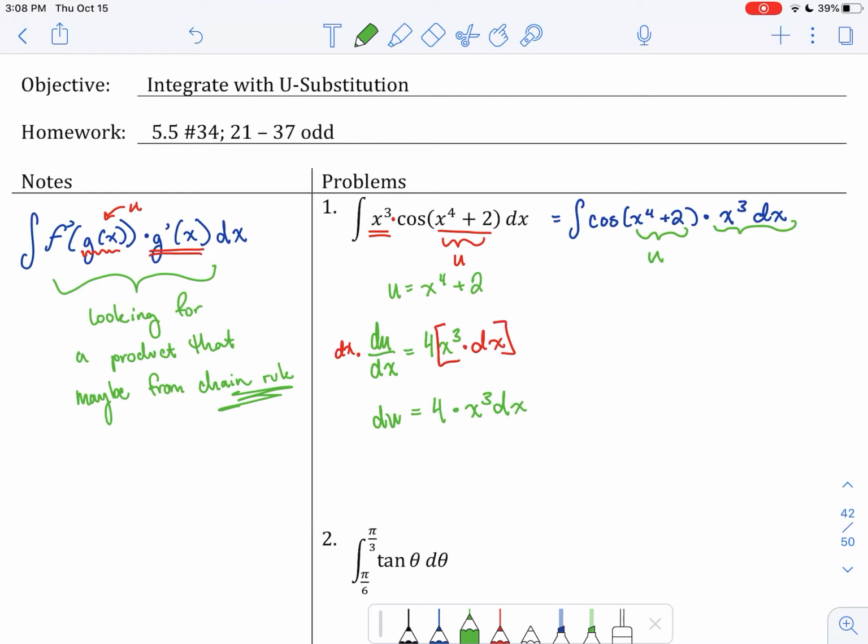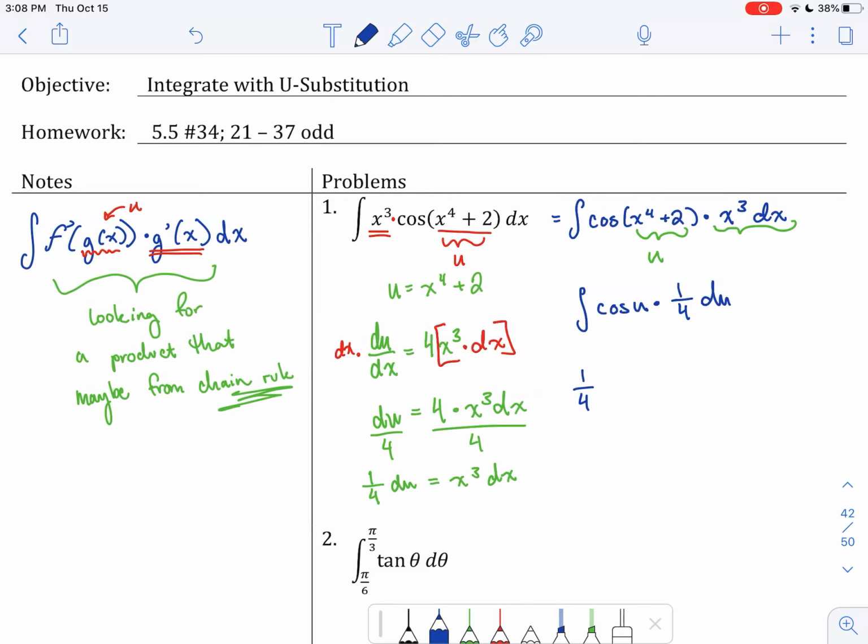And I'm substituting x to the 3rd dx, so I want to divide away that 4. So 1/4 du is equal to x cubed dx. So now I'm ready to do my substitution, and I'm going to have my new integral is cosine of u times 1/4 du. And this is a much easier to integrate problem.